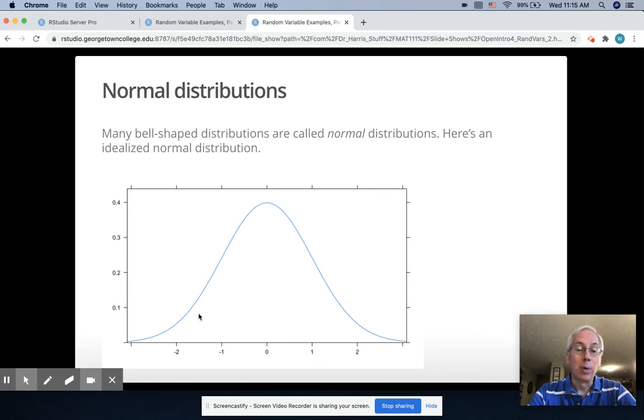So here, in situations like this, where we've got these density plots, we're associating the percentage of observations that live on a range with the area underneath the curve over that range. So if I'm going from -2 to +2, I should expect almost exactly 95% of the area underneath this curve to be over the interval from -2 to 2. About 68% should be over the interval from -1 to 1.